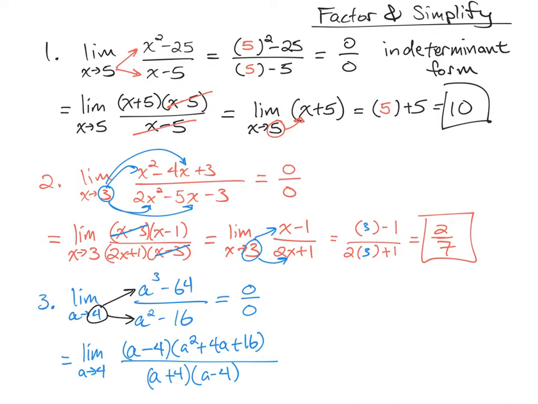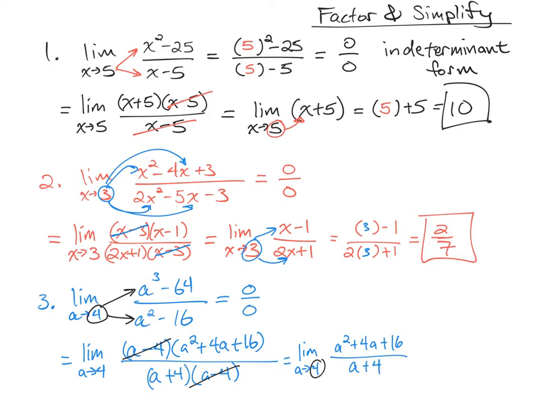And when you get this breakdown, you can see that the a minus 4's will cancel, leaving you with the limit as a approaches 4 of a squared plus 4a plus 16 all over a plus 4.